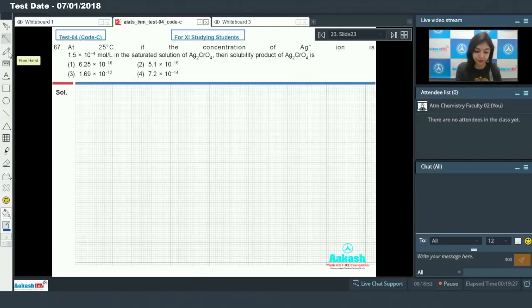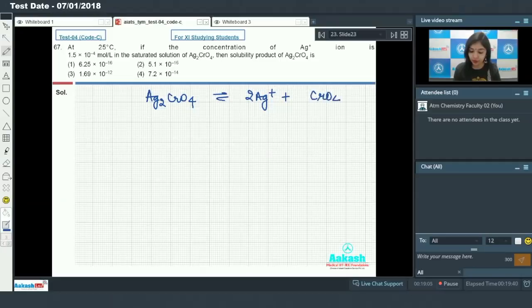So we have silver chromate, which will dissociate as 2Ag plus and CrO4 2 negative. So the Ag plus concentration will be 2S, and for CrO4 2 negative it is S, where S is the solubility. And also the concentration of Ag plus you have been given, that is 1.5 into 10 raised to the power minus 4.